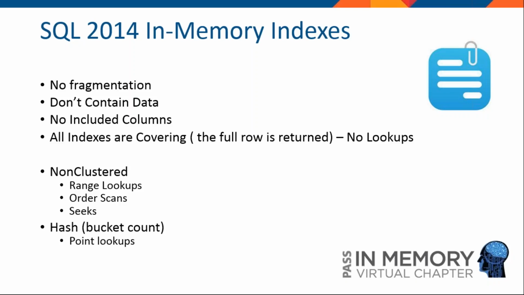So what happens if you ever reach that maximum bucket count? Instead of using one pointer for a single memory space, the index is going to start sharing those pointers. It's going to use one pointer for 2 or 3 rows, and this can potentially cause a performance issue.